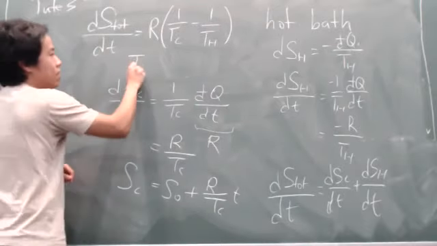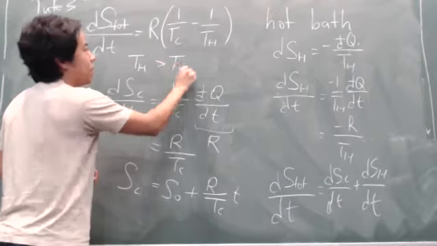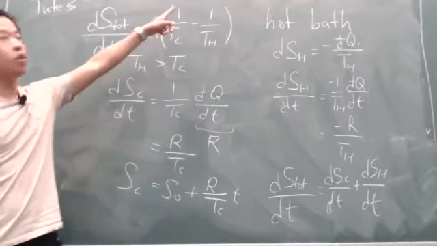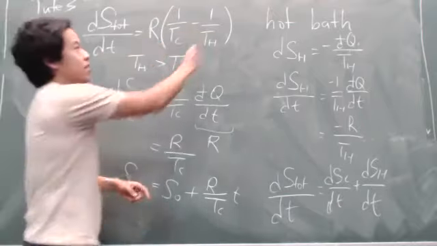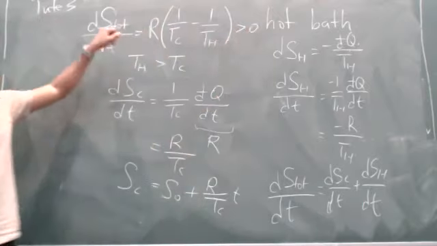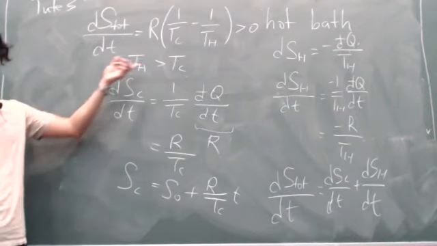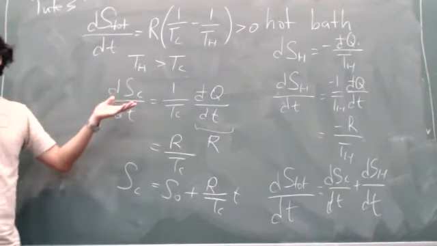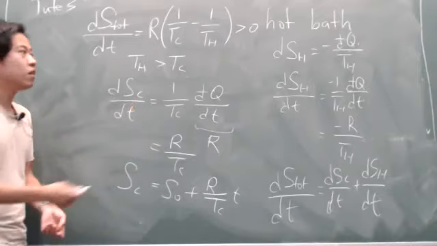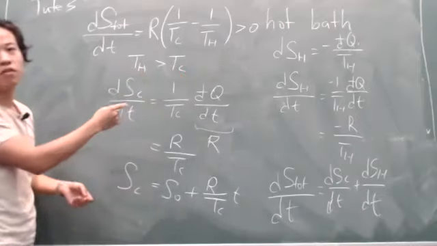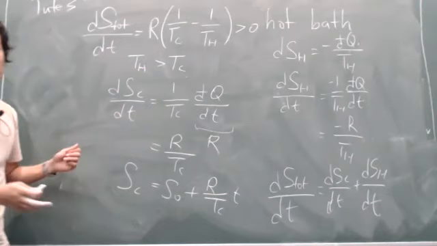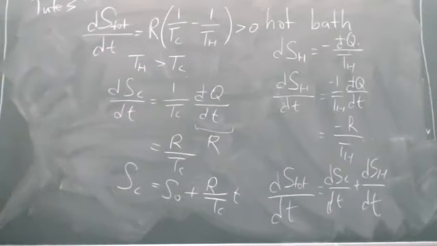Since TH is larger than TC by definition, 1 over TC minus 1 over TH is a positive number. So your entropy is actually growing over time, even though these two heat baths are exchanging a negligible amount of heat that nobody cares about. But remember that during the exchange of heat, if any energy is lost, then you will generate entropy. So in this case, you will still expect a non-zero increase in the entropy, even though you're not actually making any physical change to the temperature.